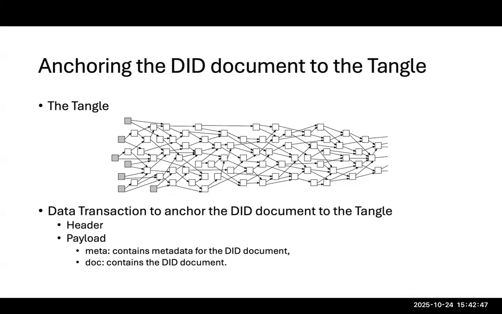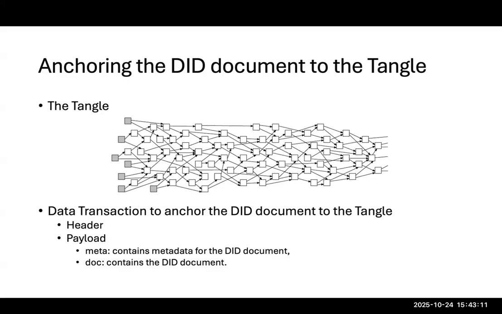This particular DLT, besides transactions of value, where you can exchange tokens, lets you make some specific transactions that are called data transactions. So I can really anchor any kind of data to this Tangle with a data transaction.